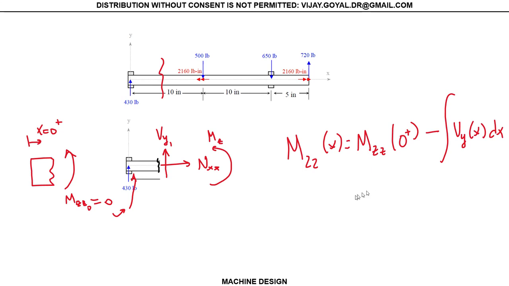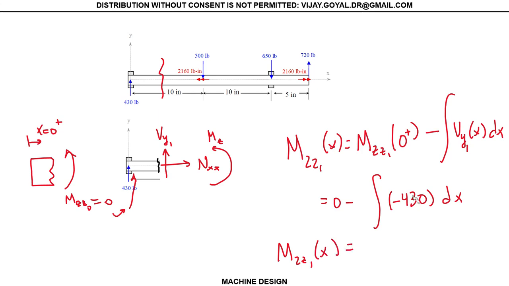And this is 0, so it will be 0 minus the integral of minus 430 dx. So Mzz1 of x will actually equal 430 times x. So now we found all the loads in the first segment. Let's move on to the next one.